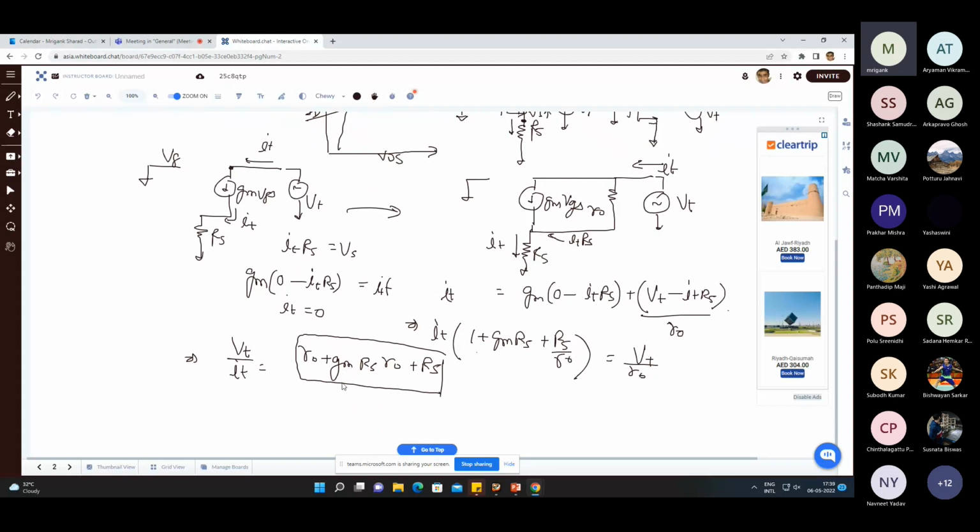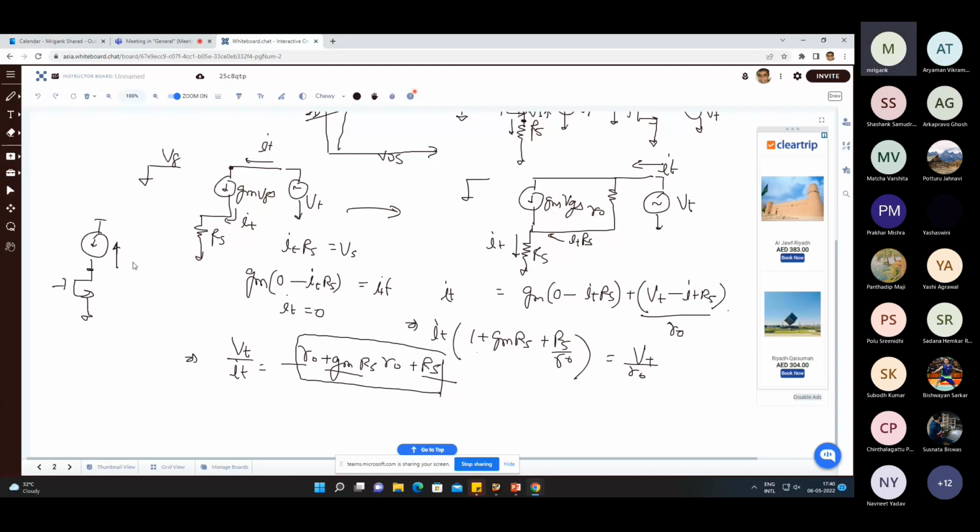Now, out of these three terms, which one is going to be dominant? So here it is RO, here it is RS, and here it is GM RS times RO. Suppose I look at GM RO. GM RO is the intrinsic gain of the MOSFET, right? The intrinsic gain of the MOSFET means if you have an ideal current source, and then you are calculating the gain of the MOSFET, what is it going to be?